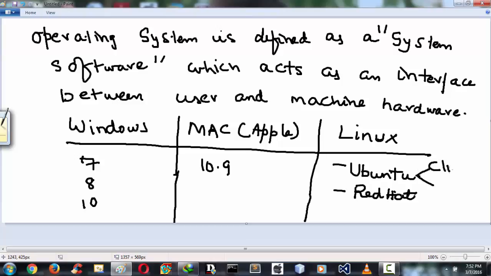Ubuntu comes with a desktop client edition for normal users, and also a server edition to run server applications. Similarly, Red Hat also has a client edition and a server edition, and so on. So this is about the operating systems.